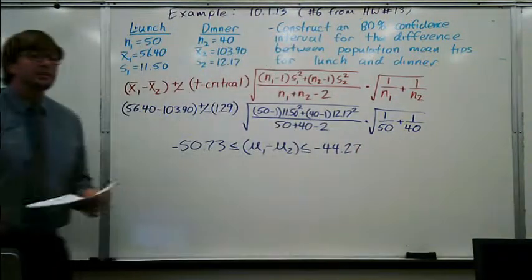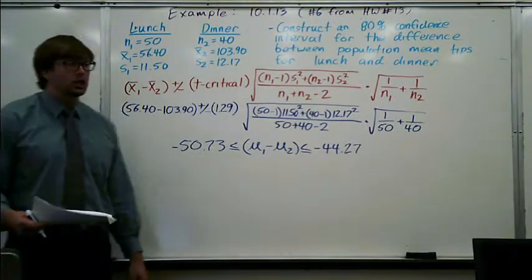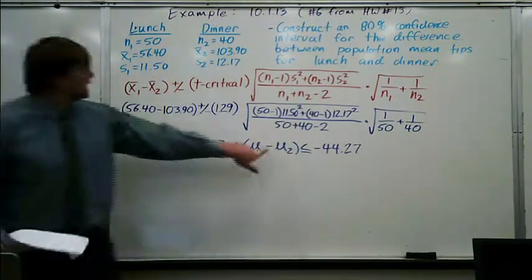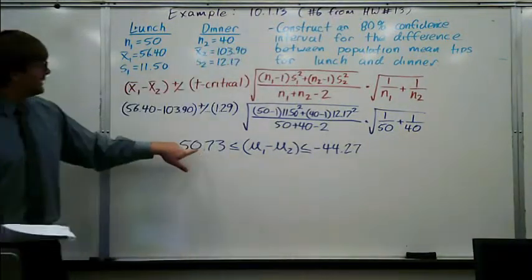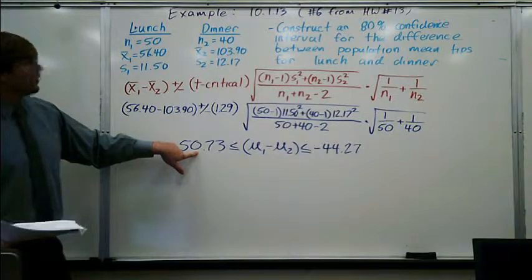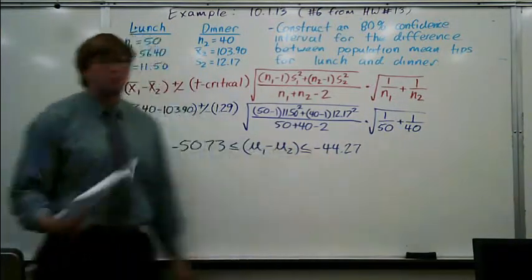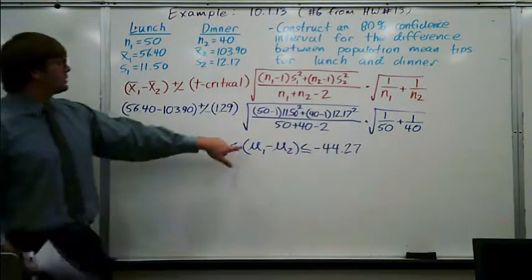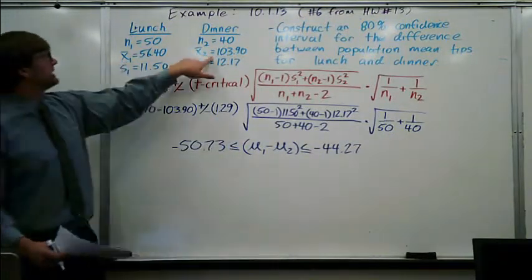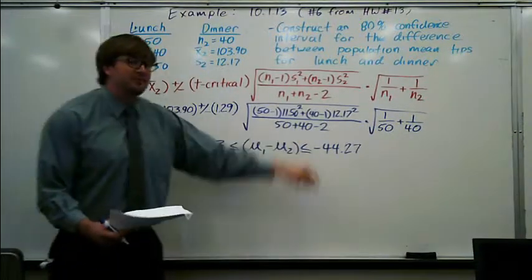So what this means is that we can be 80% sure that basically the dinner shift makes between 50.73 and 44.27 more each shift. These are negative because, of course, we're taking the lower value, subtracting out the positive value. But if we just switch those around, of course, we have positive values.